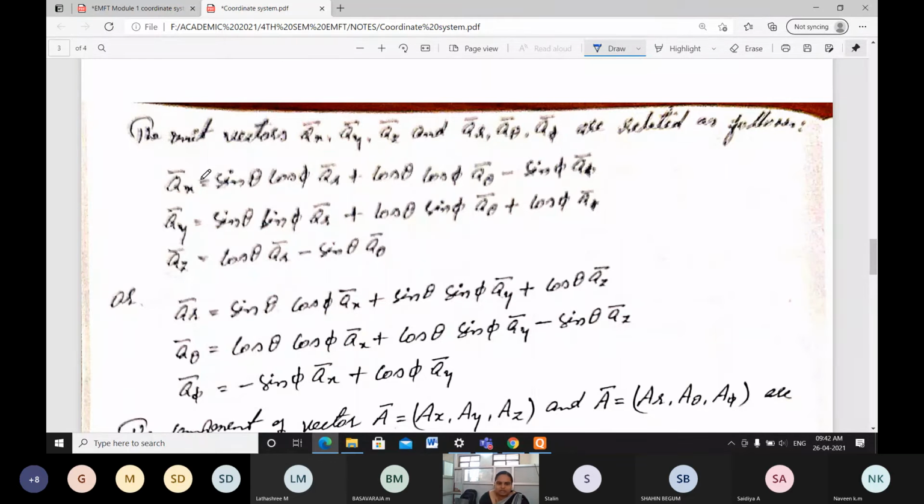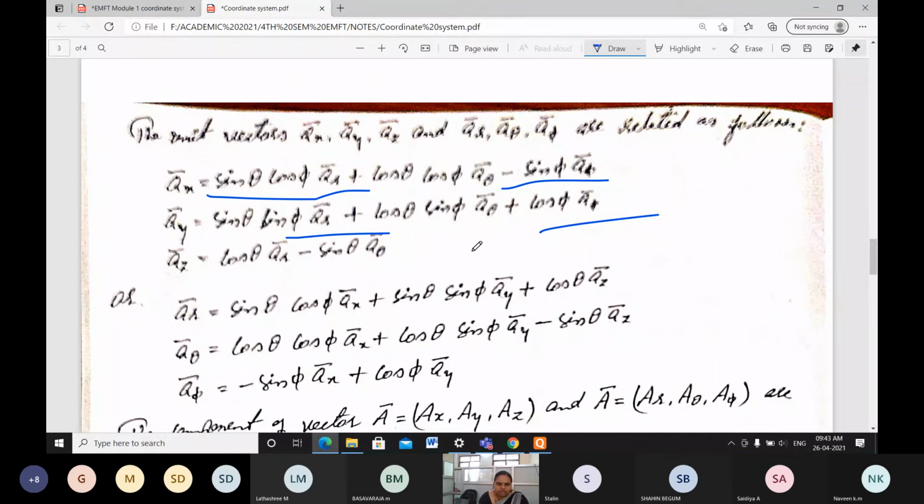That is, ax is going to be sin theta cos phi ar plus cos theta cos phi a theta minus sin phi a phi. Then ay is going to be sin theta sin phi ar plus cos theta sin phi a theta plus cos phi a phi. Then az is going to be cos theta ar minus sin theta a theta.